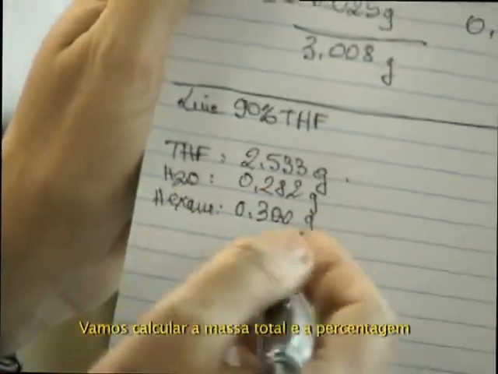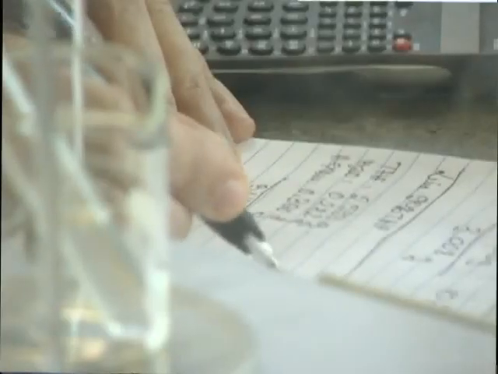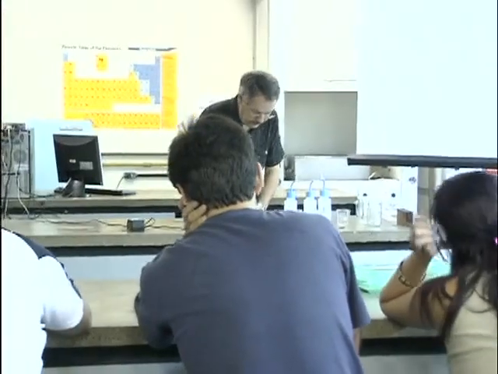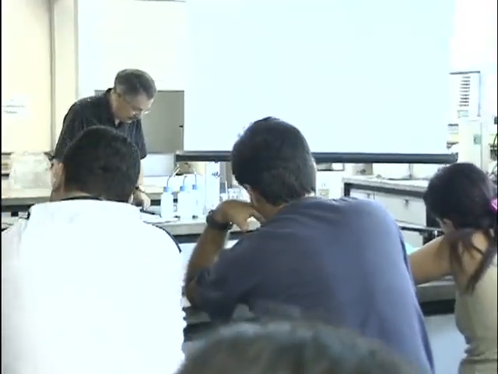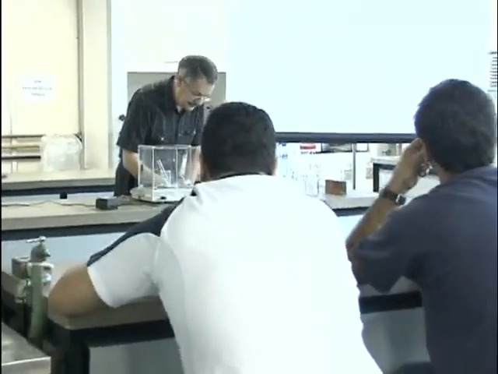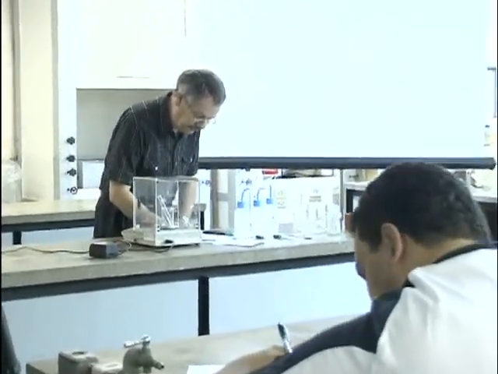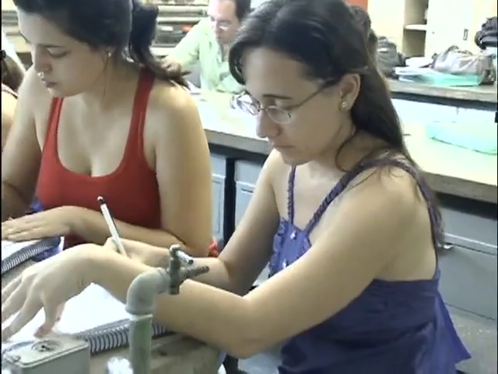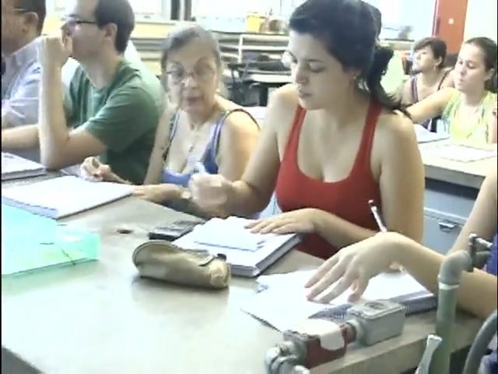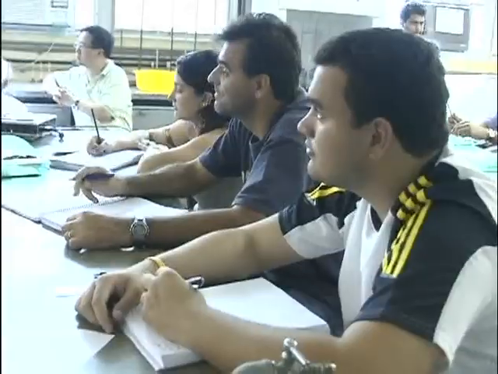I will sum this to have the total mass, and calculate the percentage. 81.32%. 0.282 divided by the total mass is 9.05%, and 0.3 divided by the total mass is 9.63% weight.